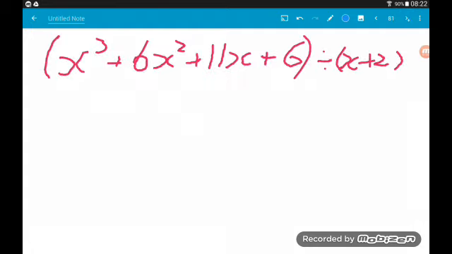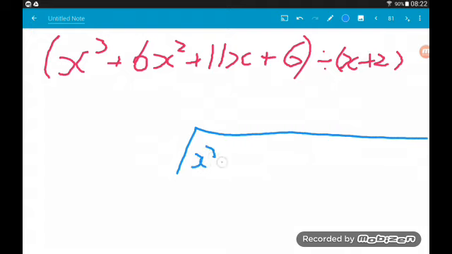So our first example here then is x cubed plus 6x squared plus 11x plus 6 divided by x plus 2. So, remember we set this up as a long division.